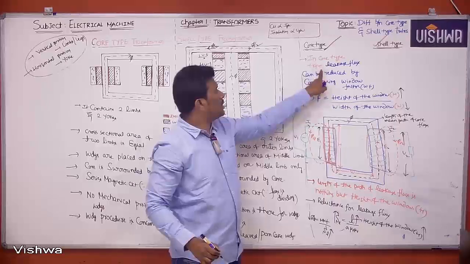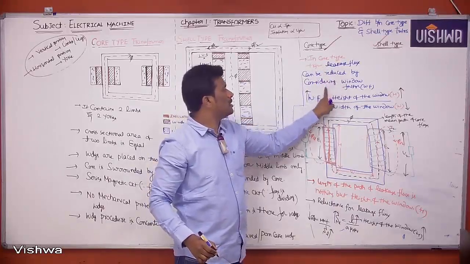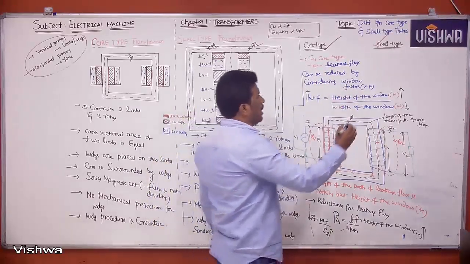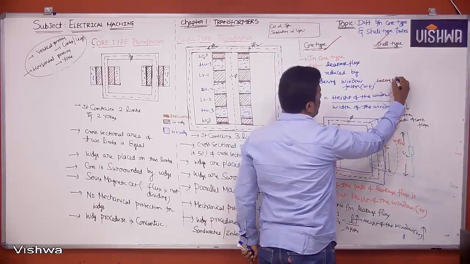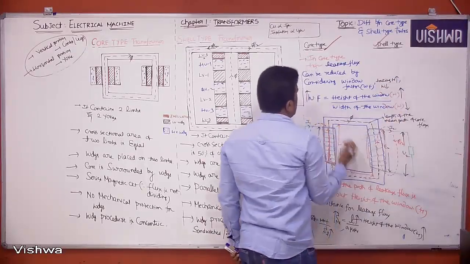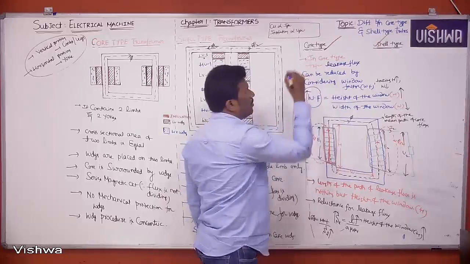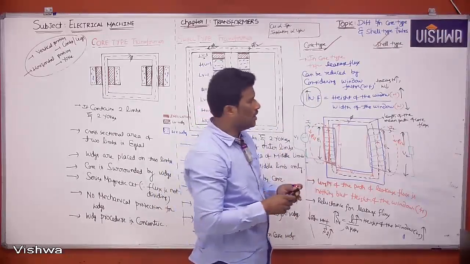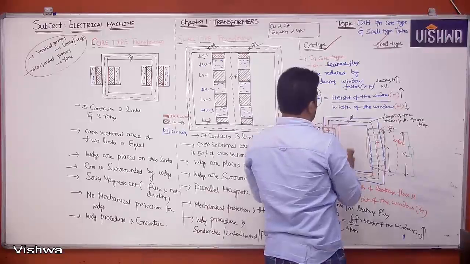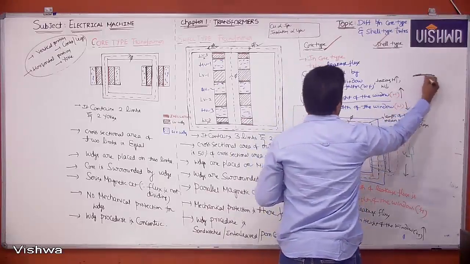So in a core-type transformer, leakage flux can be reduced by considering the window factor, taking height more and width less. So the window factor will be more for a core-type transformer. Is it clear? Yes or no? Next, in this case we are not discussing shell type.